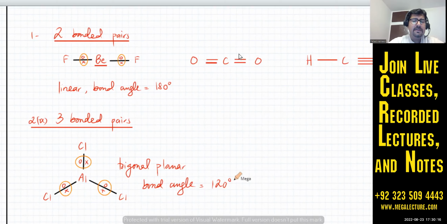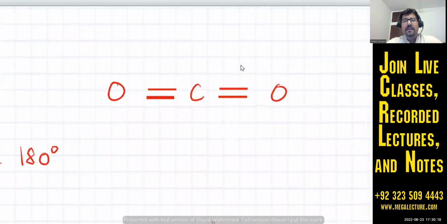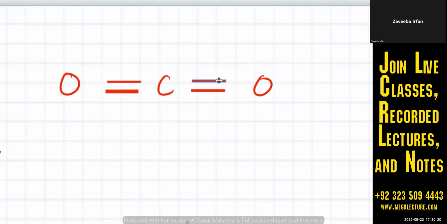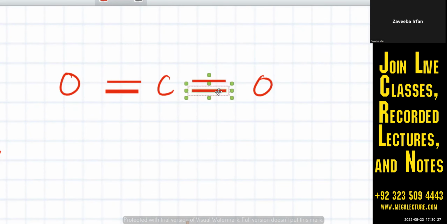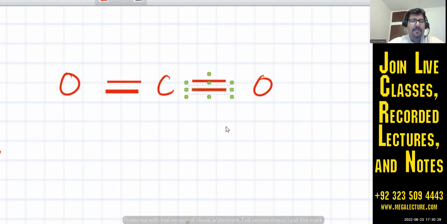Will there be a repulsion between this and this, right? Yes, there's going to be repulsion. We'll study that in detail. But the electrons are still together because the bond is between oxygen and carbon, right? So even if there is repulsion, they might be far away, but they'll still be together.